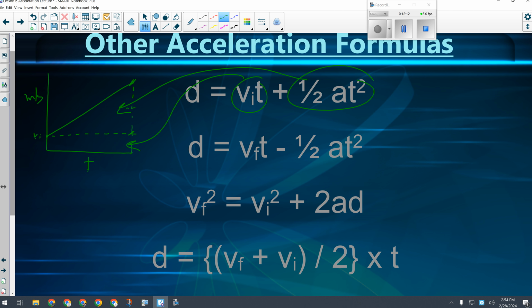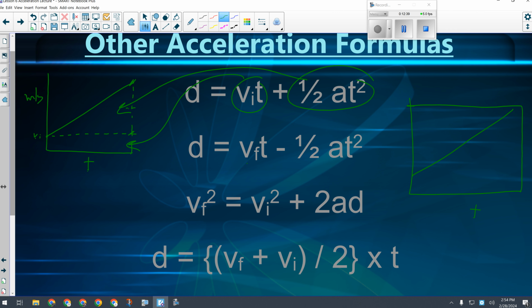Now, similarly, this formula here looks at this from the other point of view. It uses VF. So VF would be way up here, would you agree? So if I go VF times T, I'm calculating that whole square or rectangle.